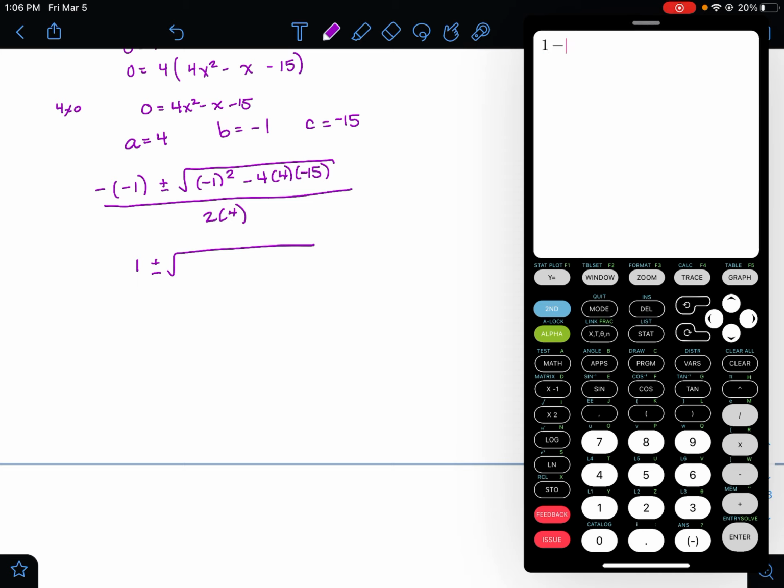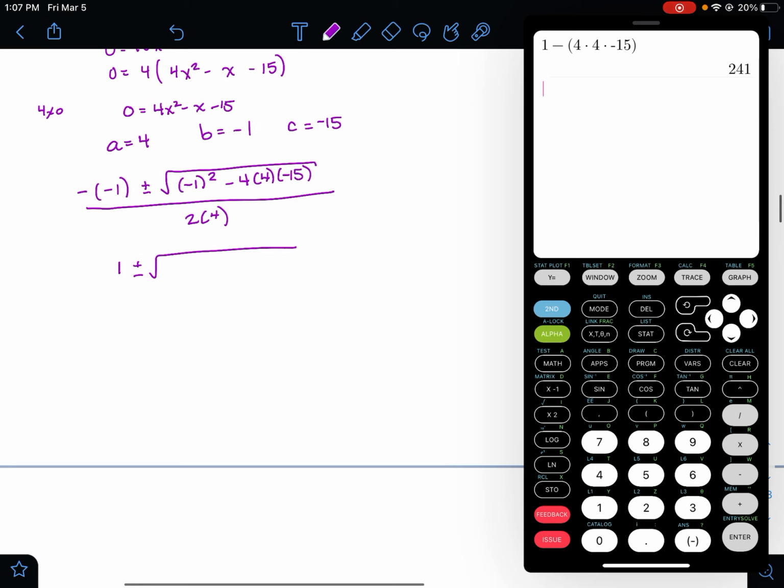So I have 1 minus 4 times negative 15. And I am going to go back here and put this in parentheses, even though your calculator does know order of operations, so it would multiply all of that first. But we just want to make sure. So we get 241.